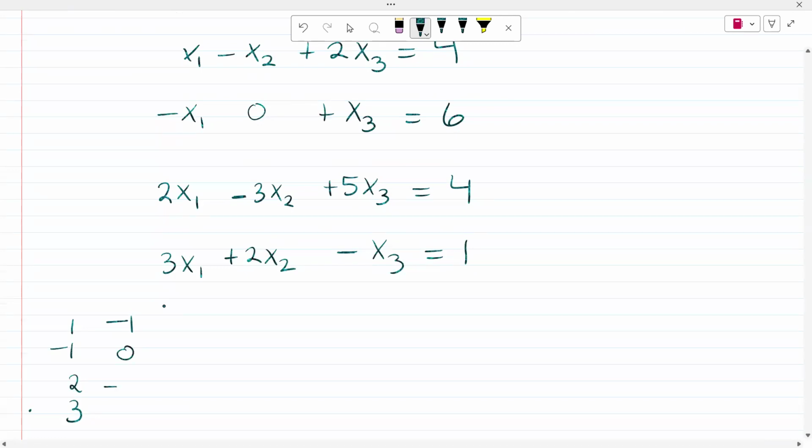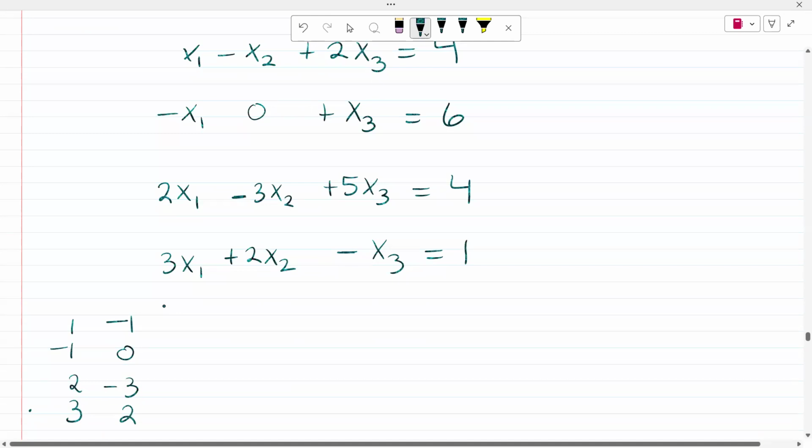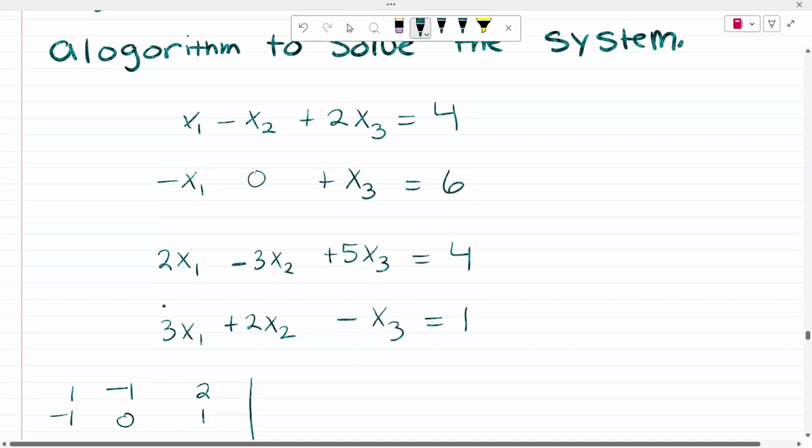And then you have -3 and 2. And then if you look at the column x3, our coefficients are 2, 1, 5, and -1. And then the straight line means vertical line. And then ours are 4, 6, 4, 1.